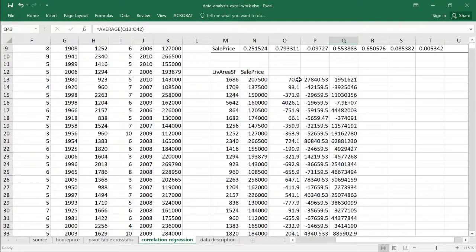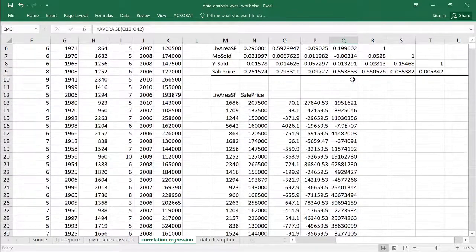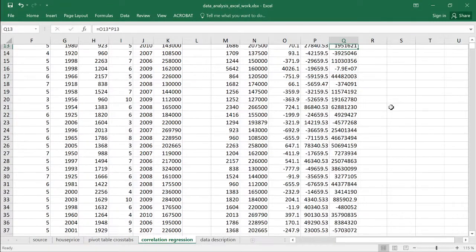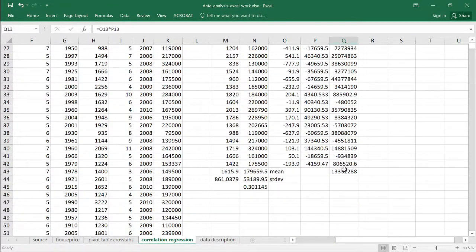products of numbers in different units of measurement result in very strange units. So we have living area in square feet and the price in dollars. These products are in dollar square feet, and so similar to the variance, a covariance is not very informative.